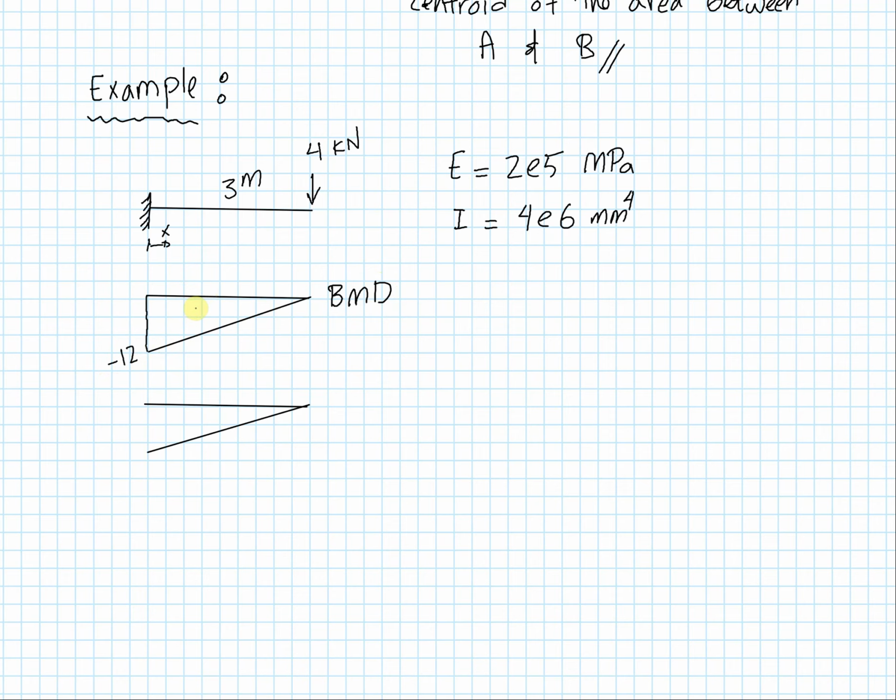Because it's concaving downwards, it will be negative. Our curvature diagram will be the same thing divided by EI, minus 12 over EI. The units here are, by the way, kilonewton meter.